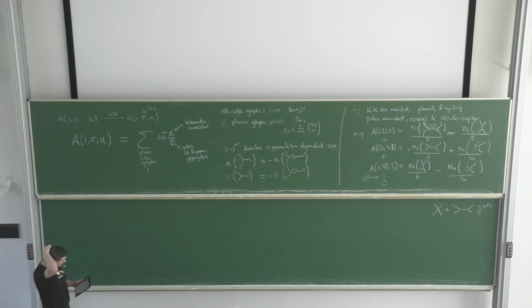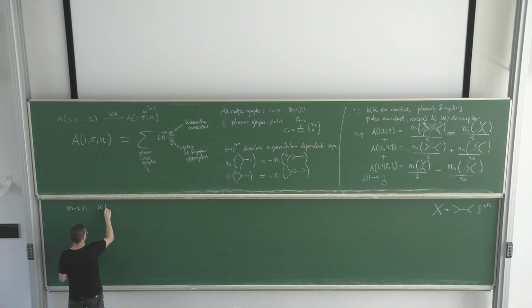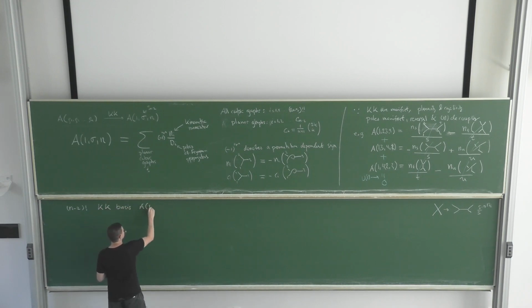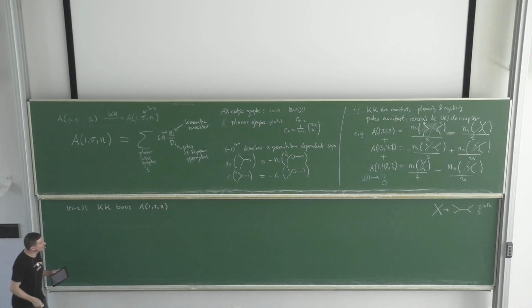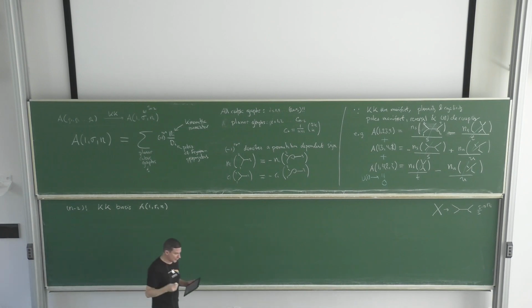All right, so this (n-2) factorial KK basis is a true basis if you consider a generic theory with adjoint particles and single trace interactions and so on.